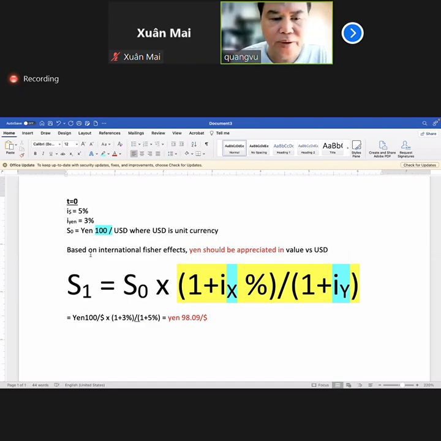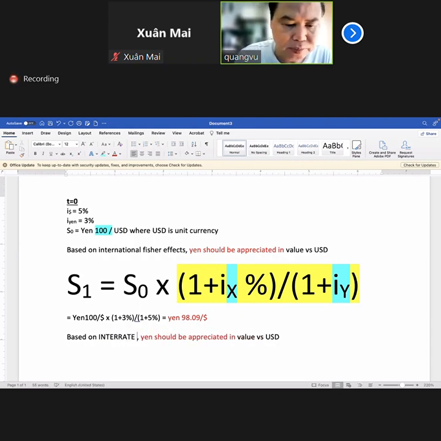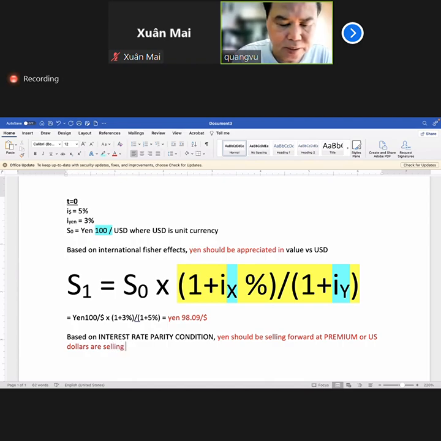Now, no longer based on the international Fisher effect, but based on the interest rate parity condition, yen should be selling forward at a premium, or US dollar selling forward at a discount.